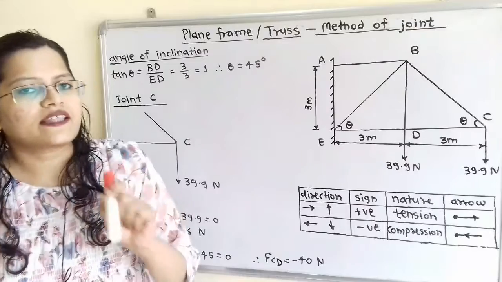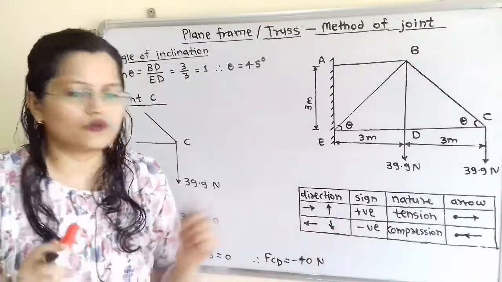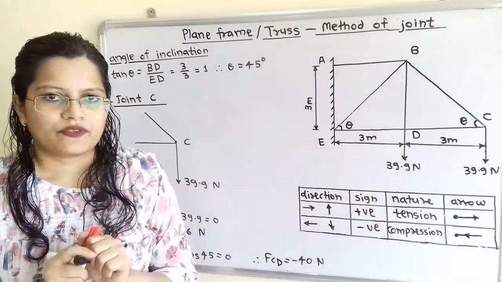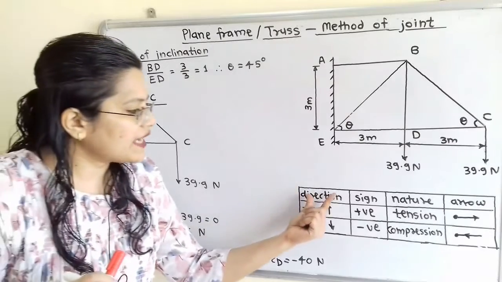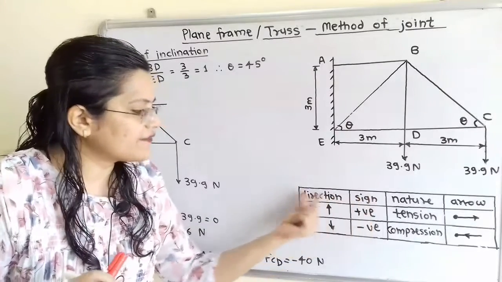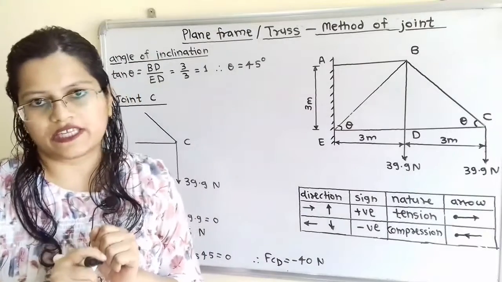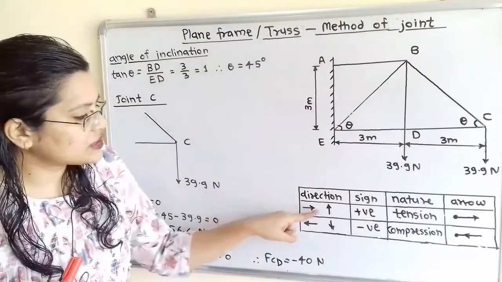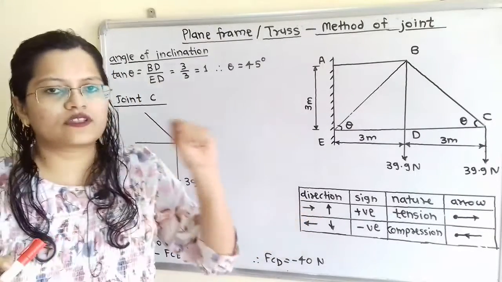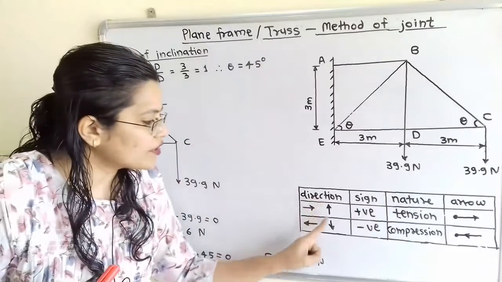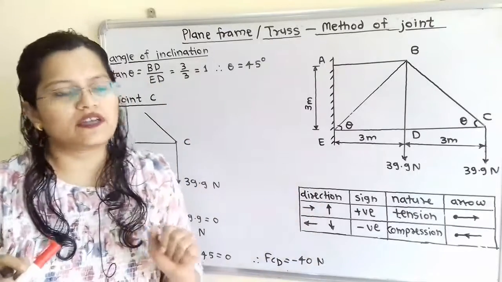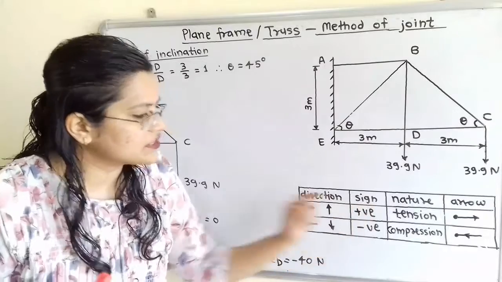Now which are the basic rules we have to understand? So first we have to decide the sign convention for particular direction. So when the direction is towards right hand side for the horizontal force, or in upward side for the vertical force, then we have to consider positive sign.